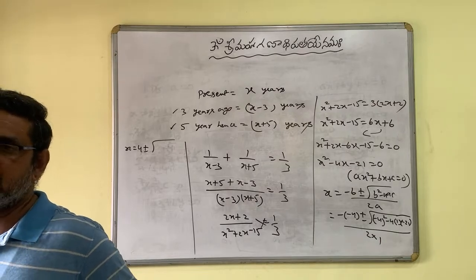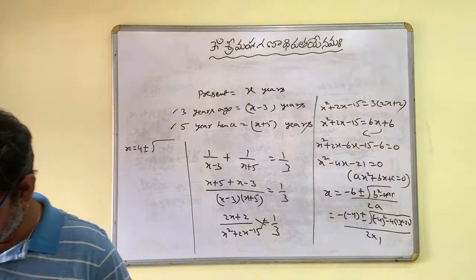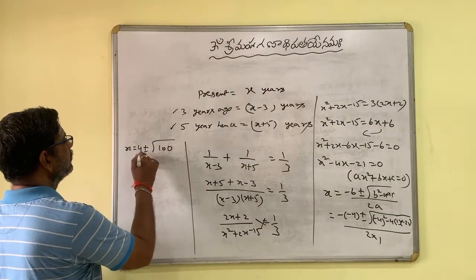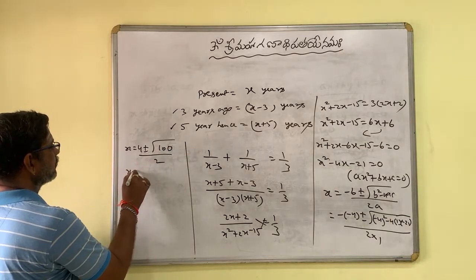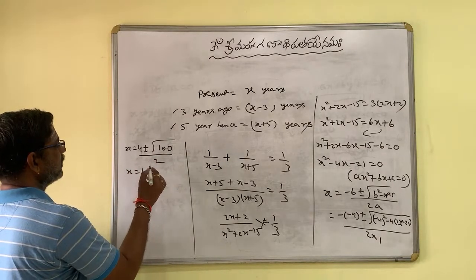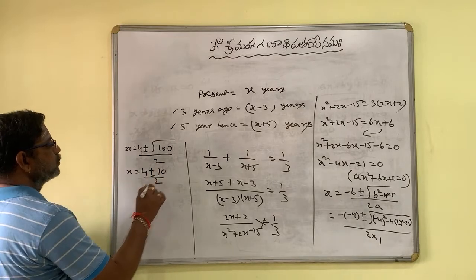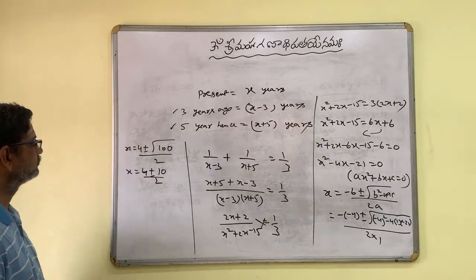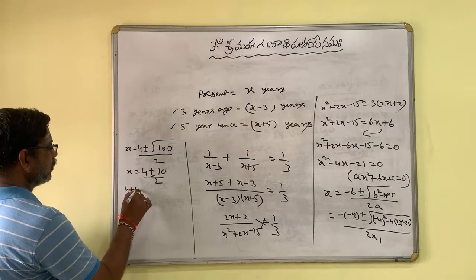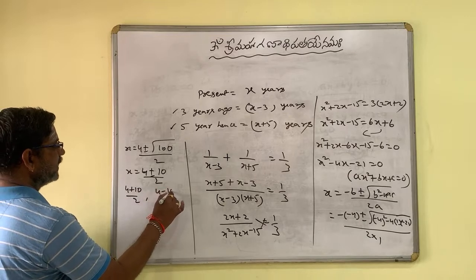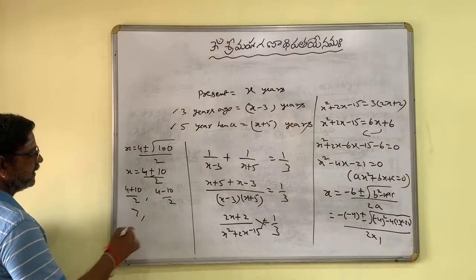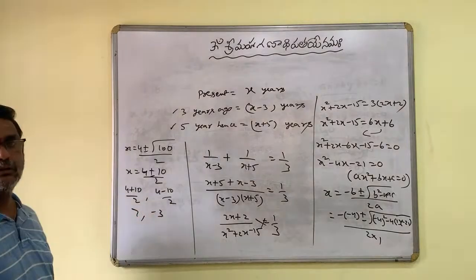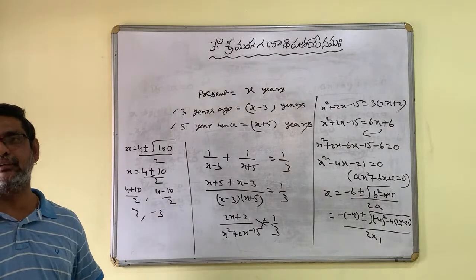You get root over 100, is that right? So 4 plus or minus 10 by 2. The values are 4 plus 10 by 2 and 4 minus 10 by 2, that is 7 and negative 3. So the roots of the equation are 7 and negative 3.